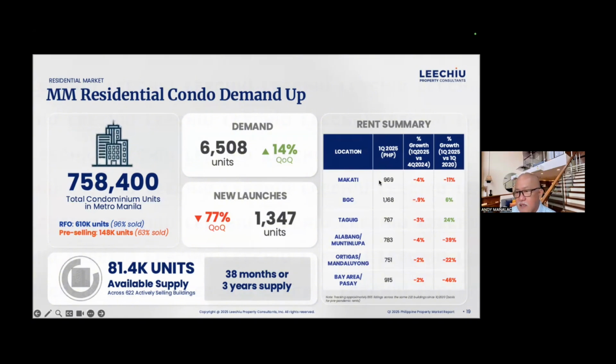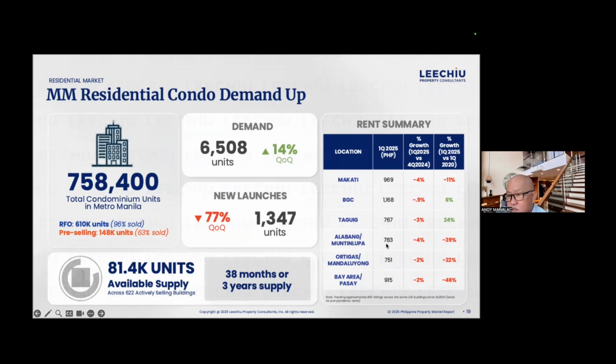You see, Makati was not as wild in terms of constructing new developments from 2017 to 2019. Of course, there were very few available lots for development, but the area that really became very, very active during that period from 2016, 2017 to about 2020 was the Bay Area.